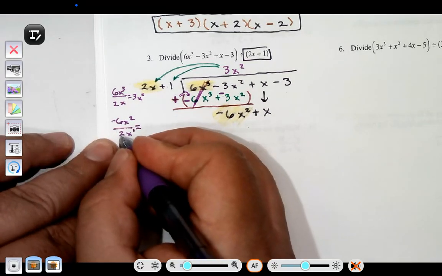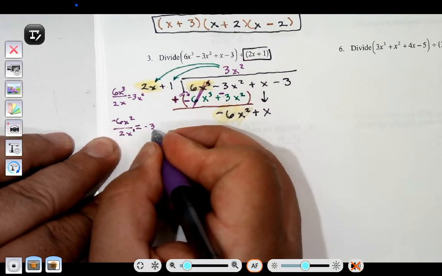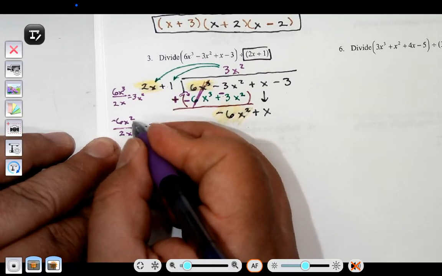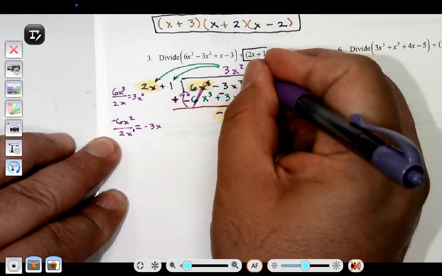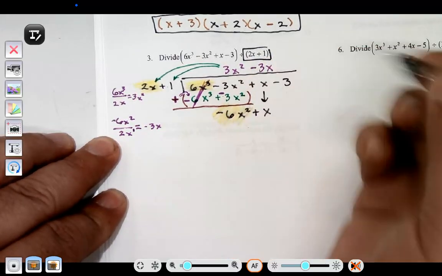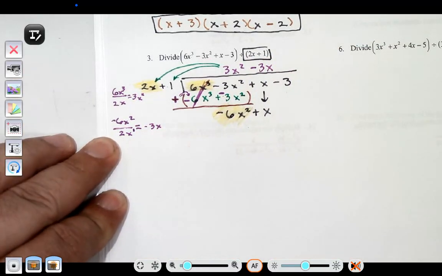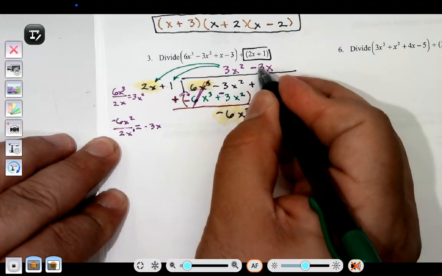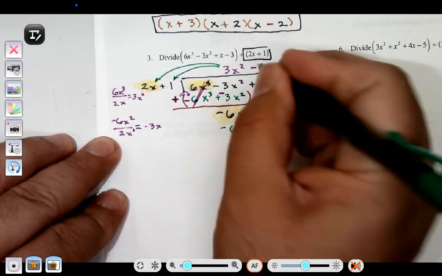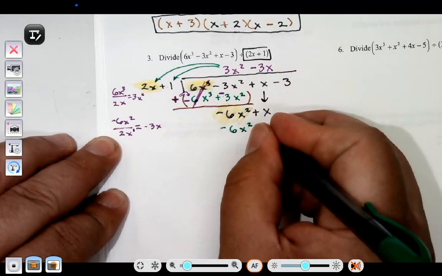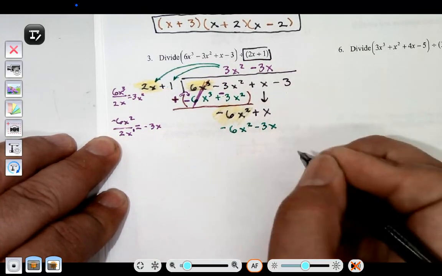Negative 6 divided by 2 is negative 3. x2 and x1, you subtract your powers. There's my x. So I'm going to bring that up here. Negative 3x. Now we're going to do our multiplication. Negative 3 times 2 is negative 6x squared. Negative 3 times 1 is negative 3x.